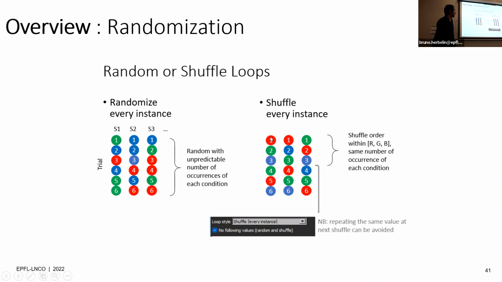So we have red, green, blue. We have the setting for avoiding having the same condition two times in a row. But it only works if you have more than 2 different conditions, because if you only have red and blue, you can't really do anything about that.